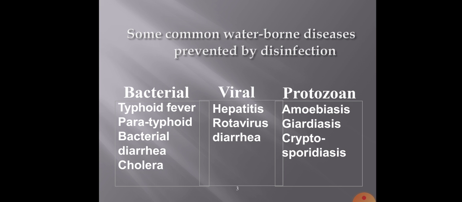So in order to kill the microorganisms or the bacteria that are present in water, we adopt this process which we call disinfection. So disinfection, in simple terms, is the process of killing the pathogenic microorganisms or pathogenic bacteria that are present in water.